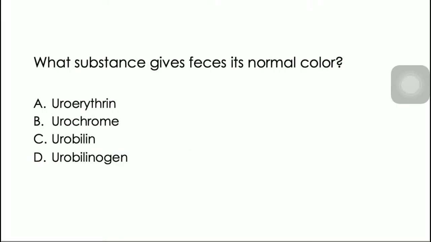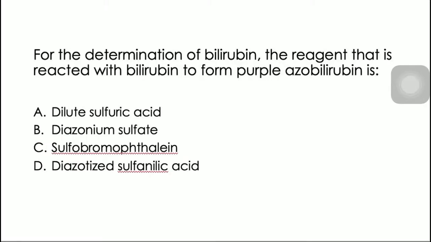Okay, what substance gives feces its normal color? We have your urobilin or stercobilin, letter C. For the determination of bilirubin, so let's now move to the different methods. No? For the determination, again, tandaan po natin ulit yung reference values for bilirubin, di ba?